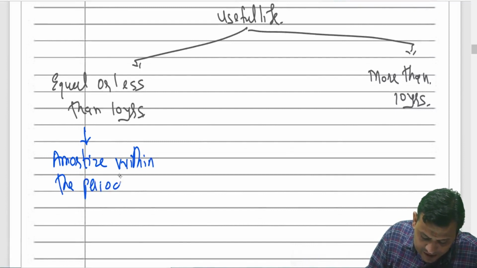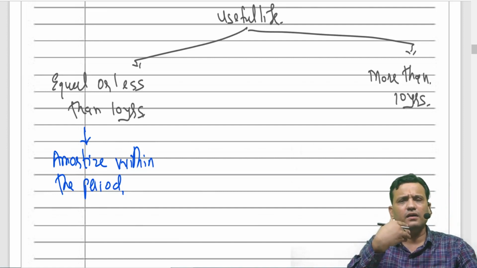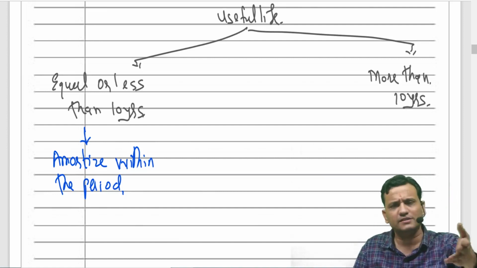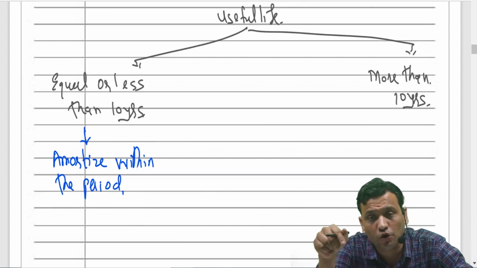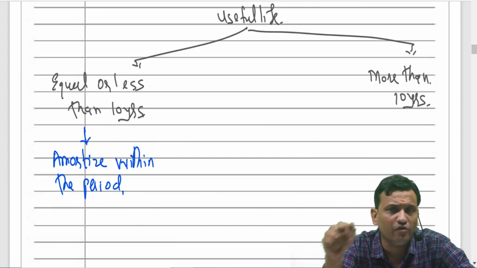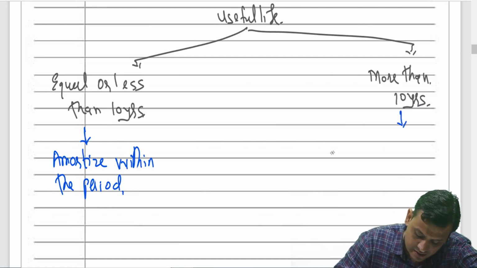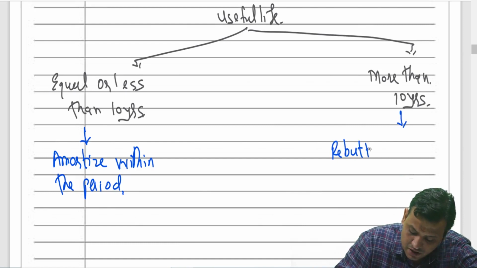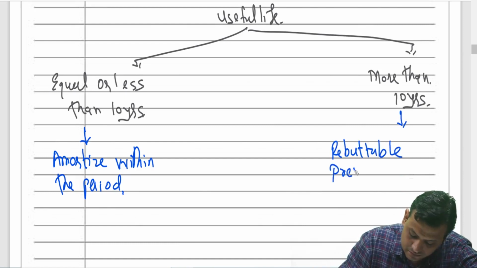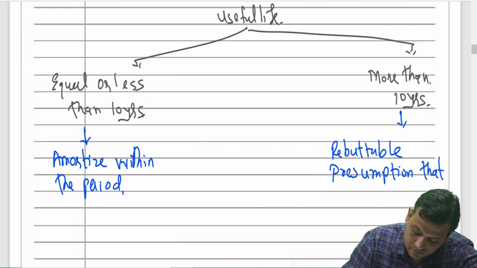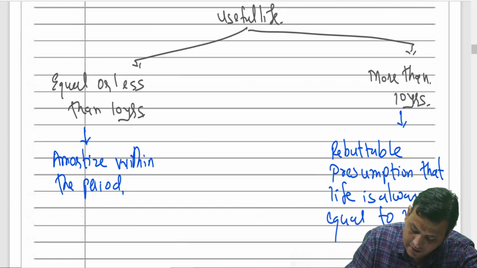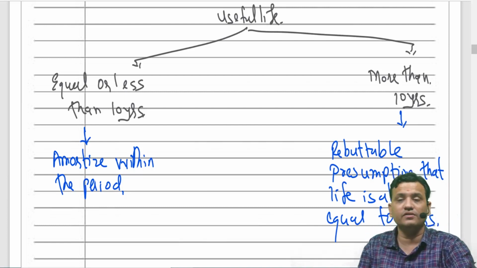Say the life of an intangible asset is 7 years, then I amortize it in 7 years. 4 years, so amortize in 4 years. But if you say, no sir, the life of my intangible asset is 12 years, the standard says there is a rebuttable presumption that life is always equal to 10 years and you have to amortize the intangible asset within 10 years.